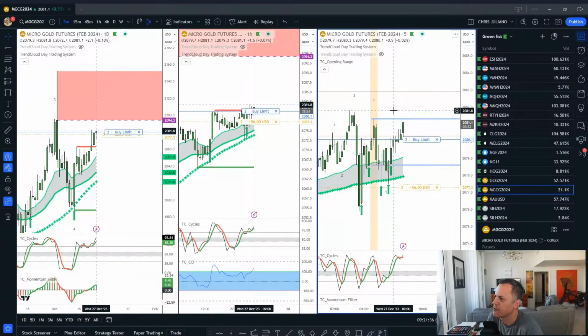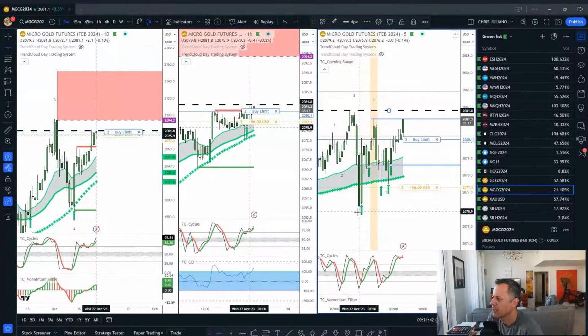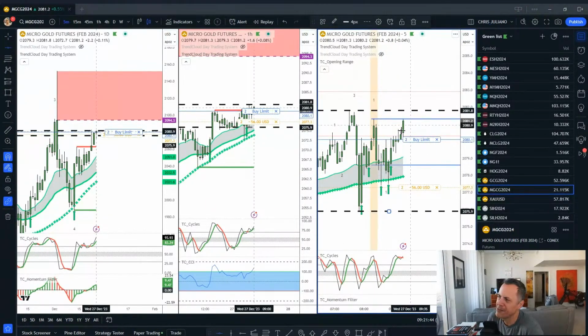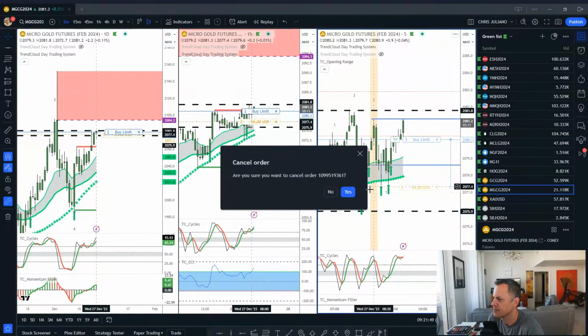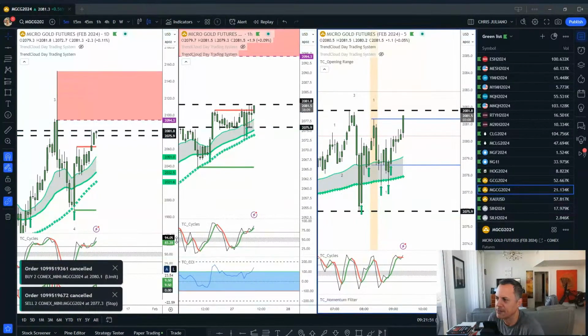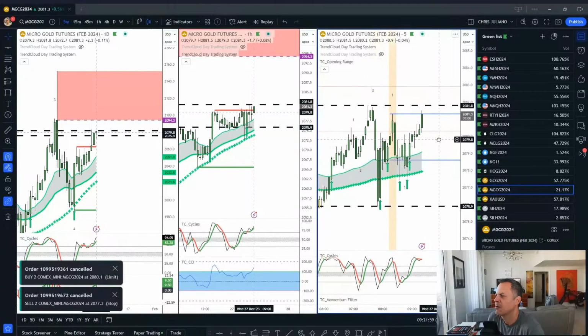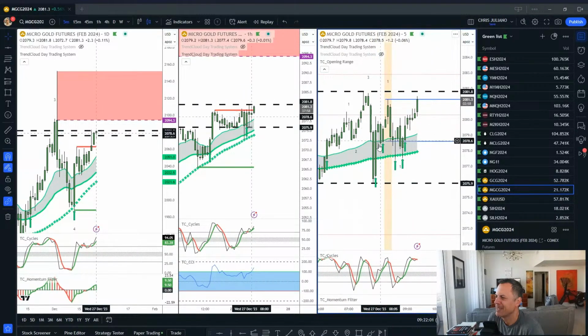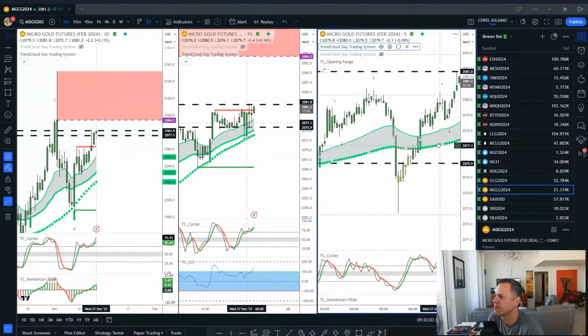All of this is a sideways movement, though. Let me show you here and here. Okay, so all this in here is sideways, and I don't like that. I don't like taking zones that are inside of a consolidated move.